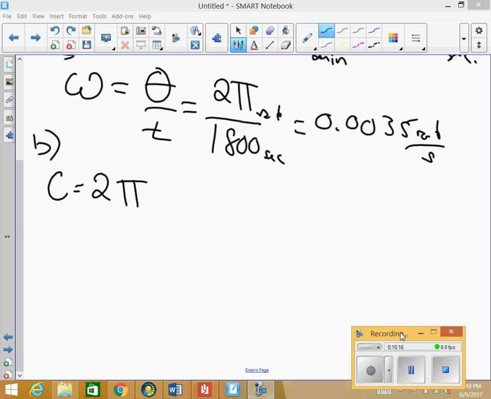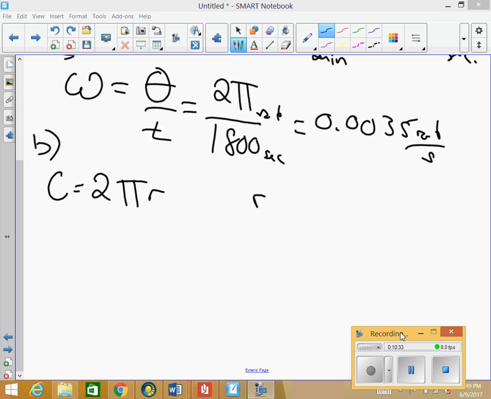This is the key part. We also want to know the distance it travels. So we know that one time around is 2 pi r, and we know what r is, or at least we can figure it out.